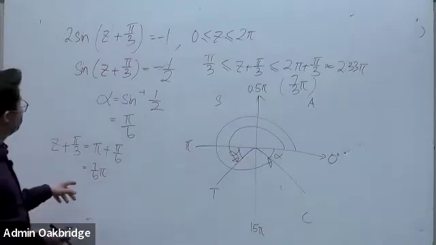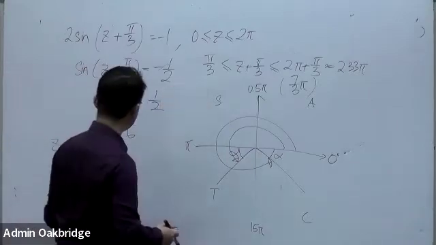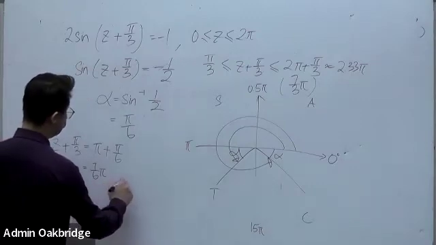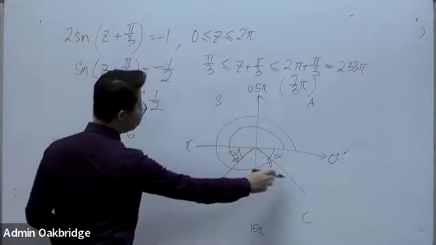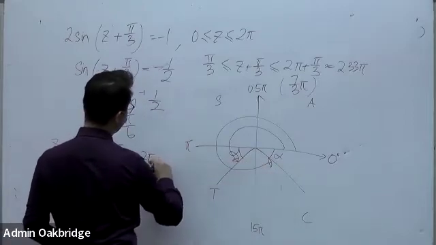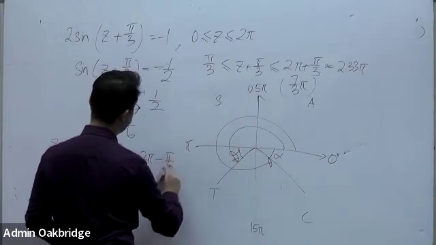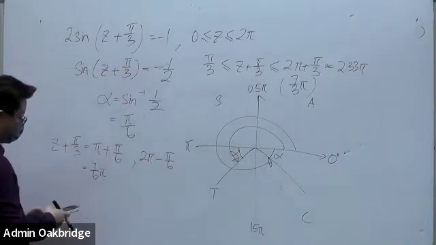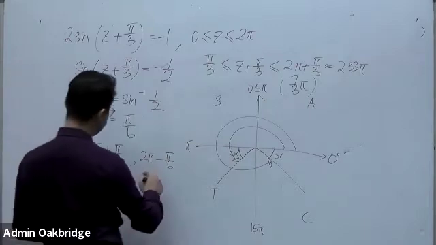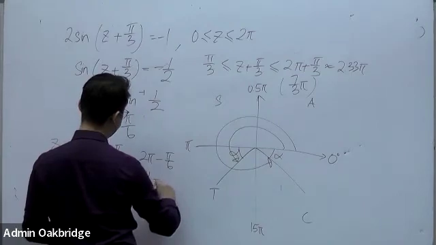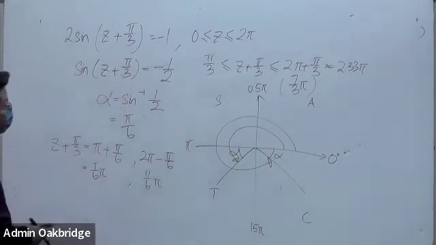Okay. Still we need a range, right? Not more than it. Okay, correct. And then the next one, we can have 2 pi minus basic angle pi over 6. So 2 minus 1 over 6 gives you 11 over 6 pi.